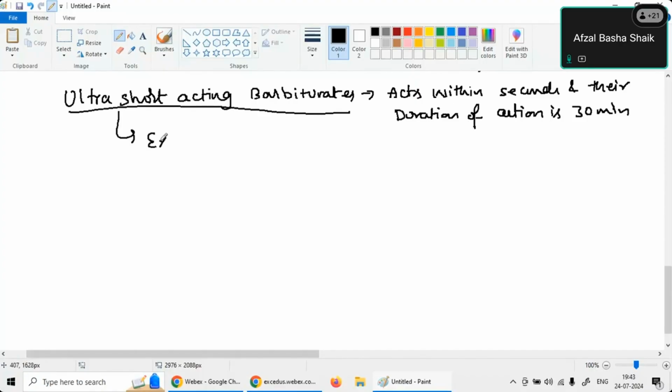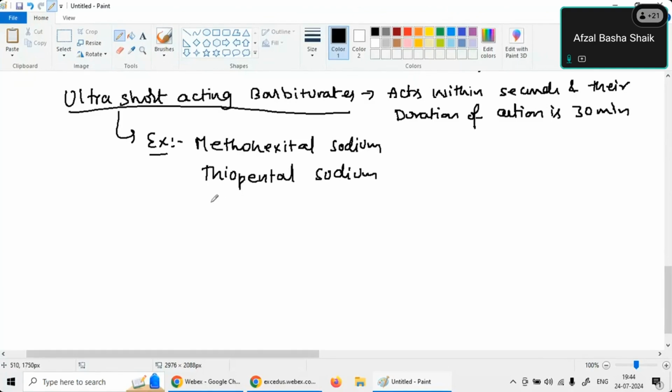What are the examples for this? The examples are methohexitol, as well as thiopental, methohexitol sodium, thiopental sodium, and thiamylal sodium.